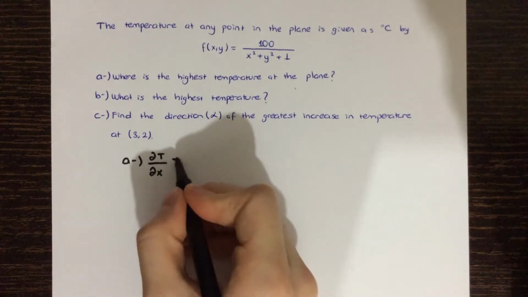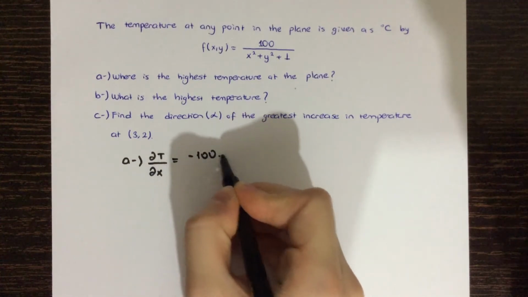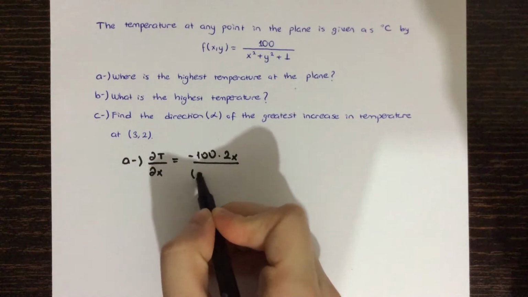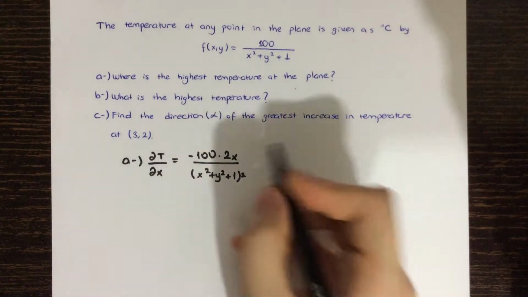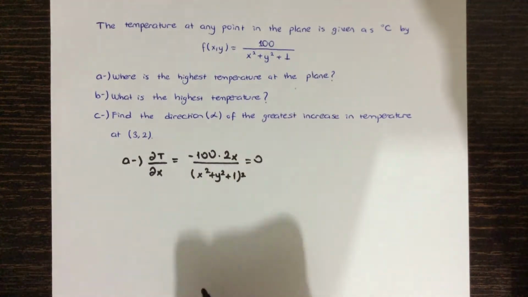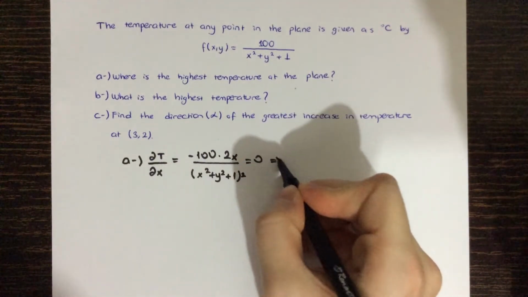You can use the derivative of x. The first derivative of this is going to be this. So if you do this, you're going to get the highest temperature in terms of x.